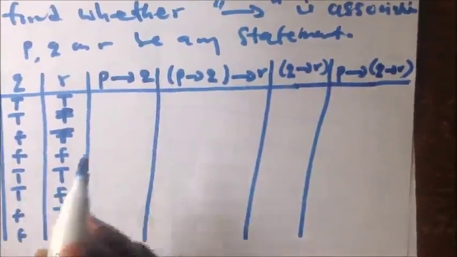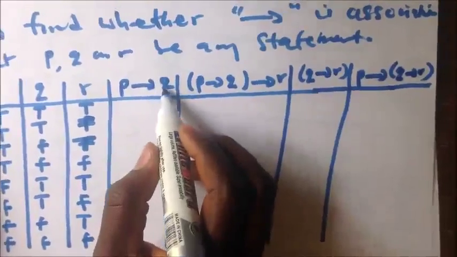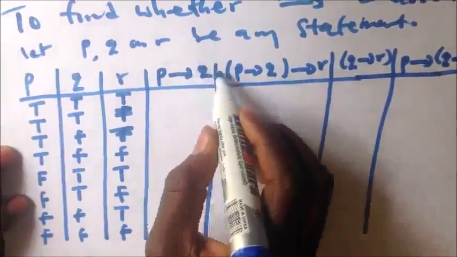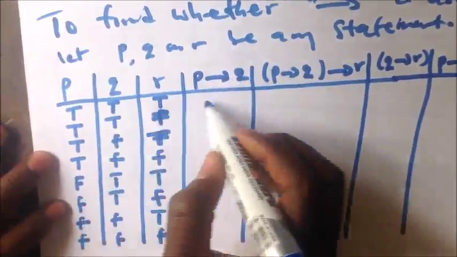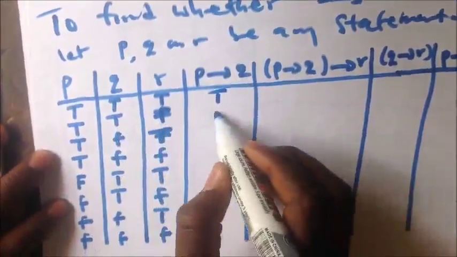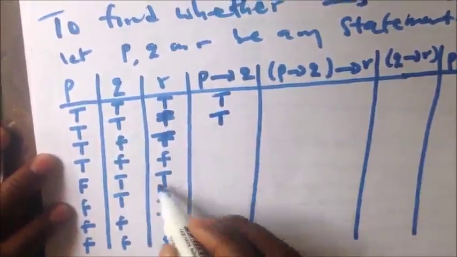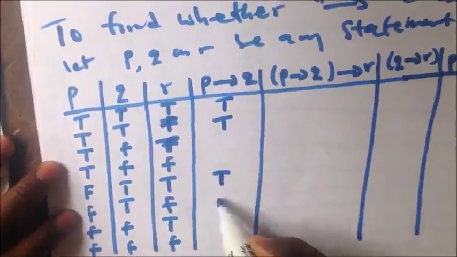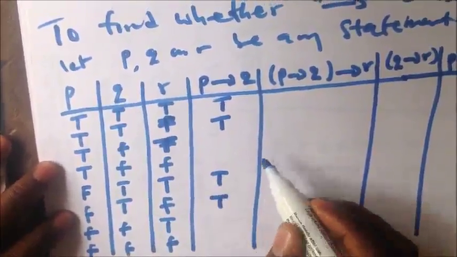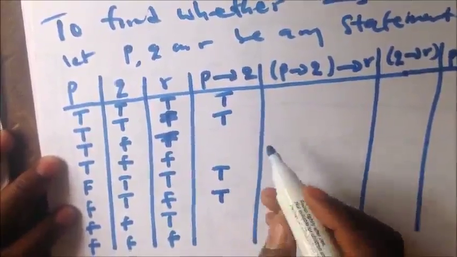Now start with P implies Q. Remember, an implicative is true when Q is true. Here is true, here is true, here is true, here is true. So we finish with the first condition under implicative.